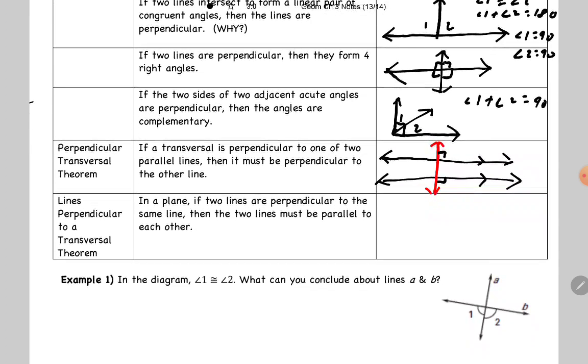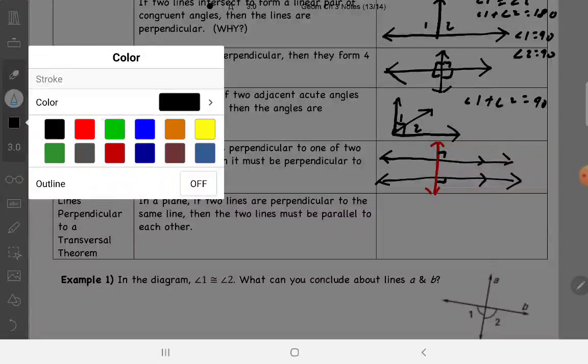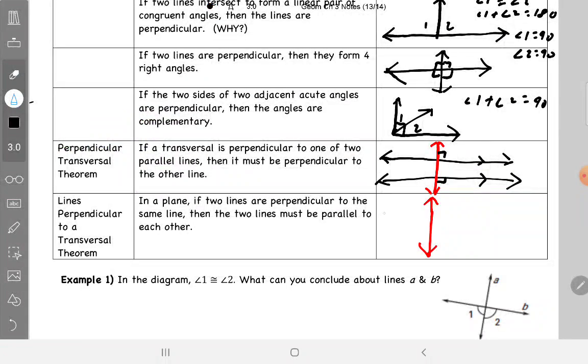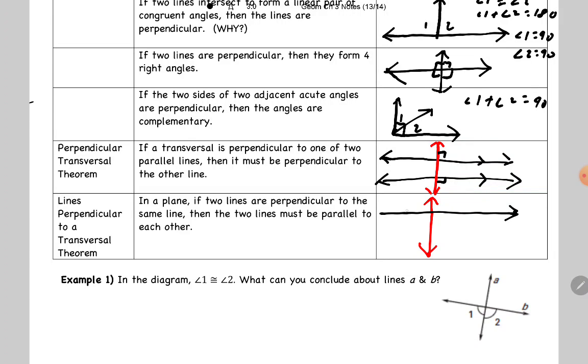Okay, lines perpendicular to a transversal. So in a plane, if two lines are perpendicular to the same line, then the two lines must be parallel. So this is kind of working backwards. Let's make the red line here. They're starting off with the red transversal, and it's perpendicular to both of these.